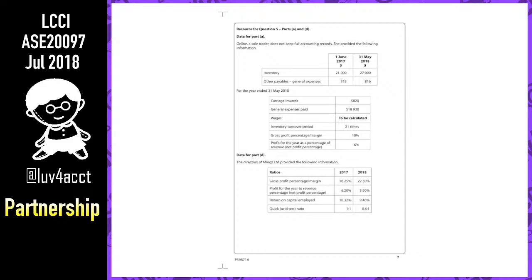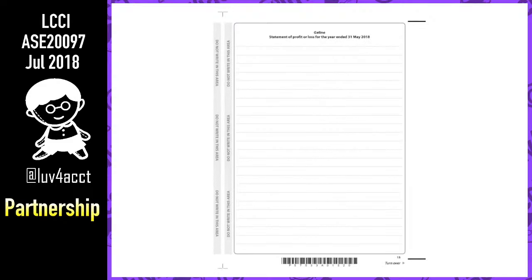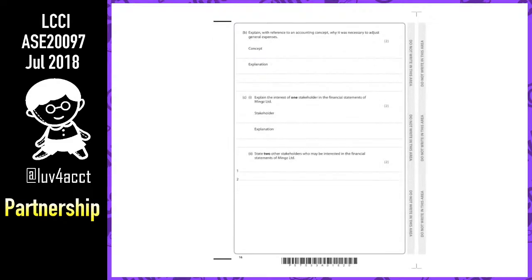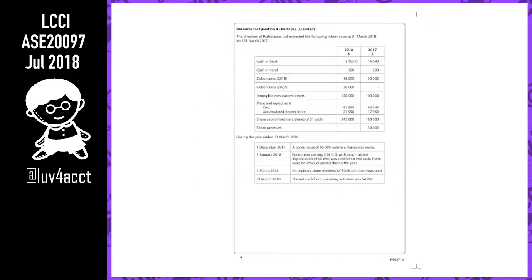And then we have evaluation of financial information, prepare a statement of profit and loss, the whole thing, and then some concepts, some stakeholders, and then the evaluation of performance, 20 marks. So we will deal with these 2 questions after we come back from the break. Yes, question 4. Okay, so let's take a break.